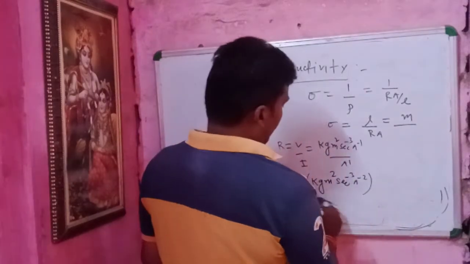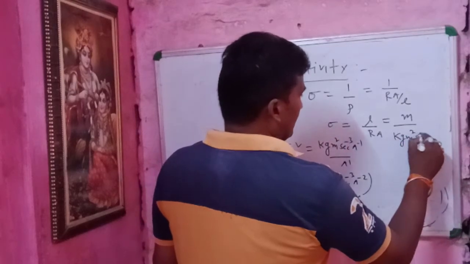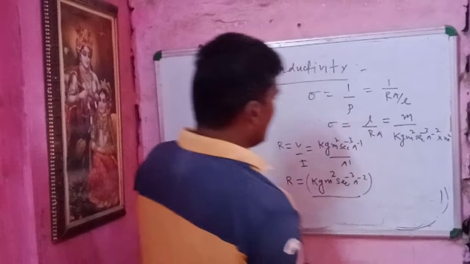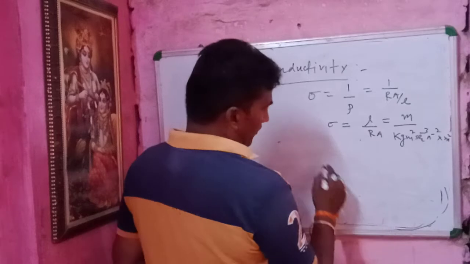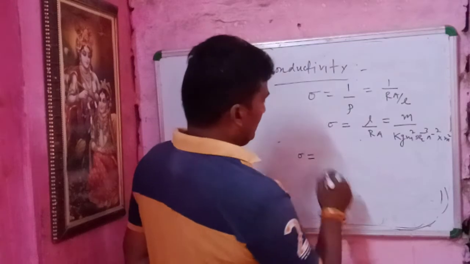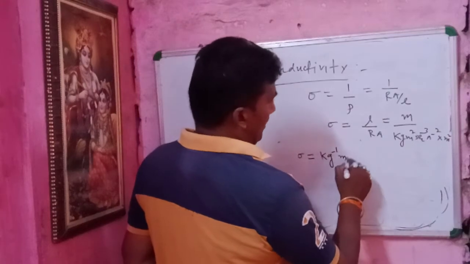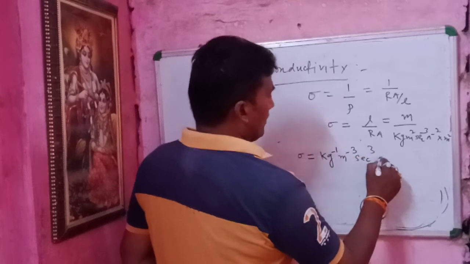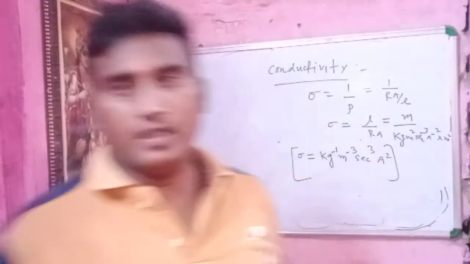We put this value of resistance into the relation, multiplied by meter square. Then we identify the conductivity in terms of derived units: kilogram minus 1 meter power minus 3 second power 3 ampere power 2. It is the generally derived unit of conductivity.